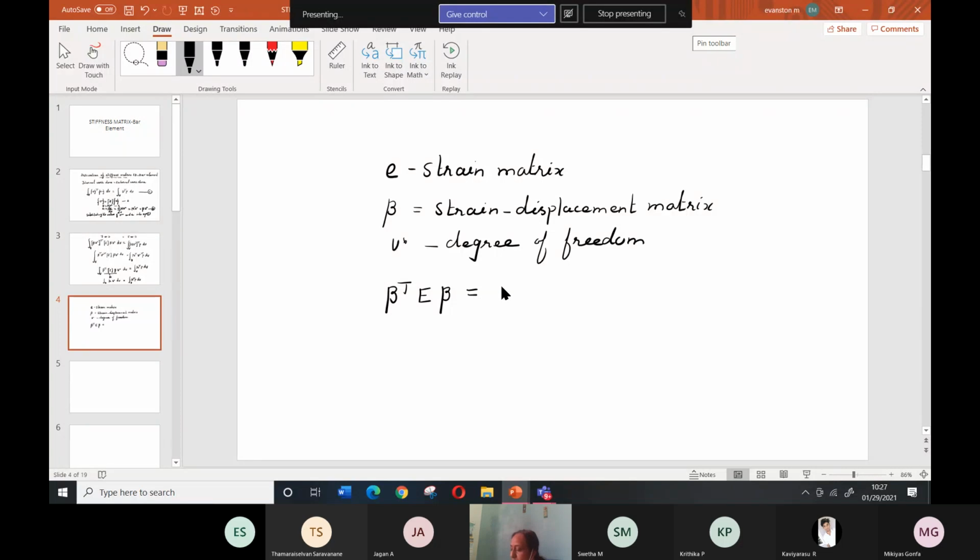You are going to find out the value of beta transpose E into B. Now we are going to derive the stiffness matrix for the 1D bar element.